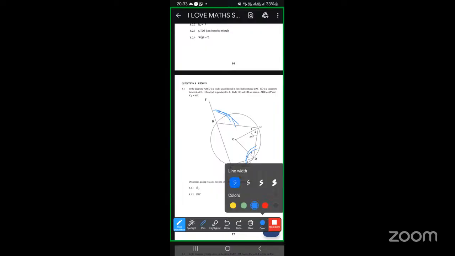Or this same angle is equal to that angle. Oh, no, they are not equal. When you take this angle and add this angle, you're going to get 180 degrees, reason being, opposite angles of a cyclic quad are supplementary.